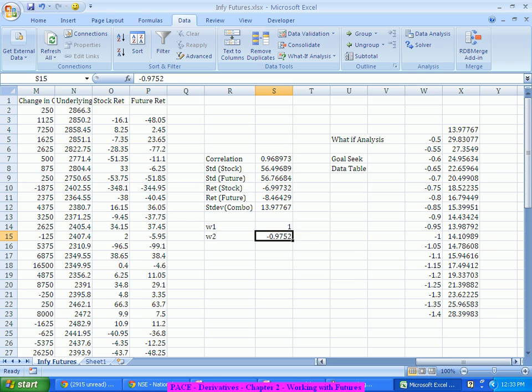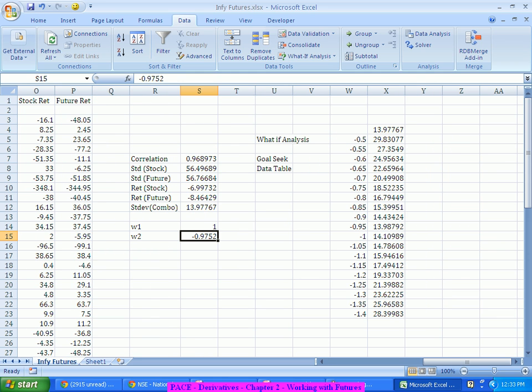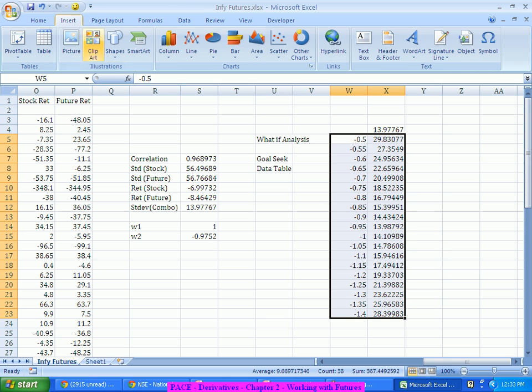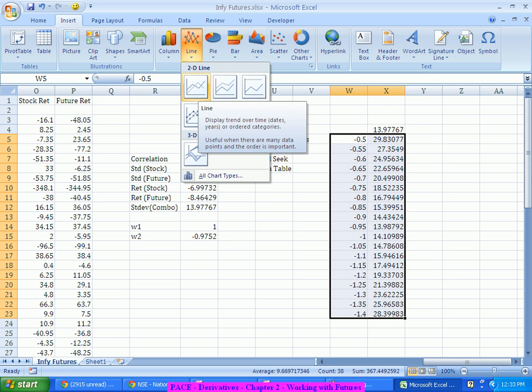Now, probably if I just need to see the graph for this, I'll simply select these two things, and I go for insert a line chart.